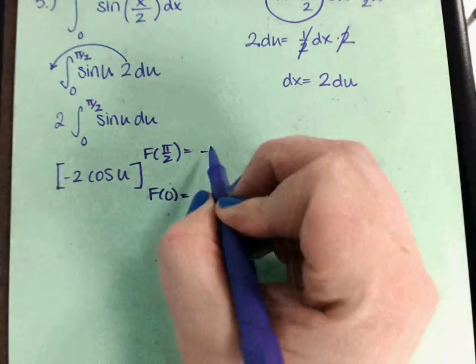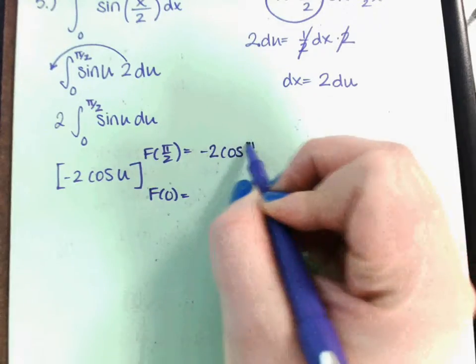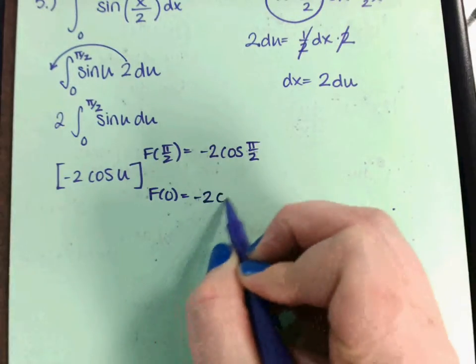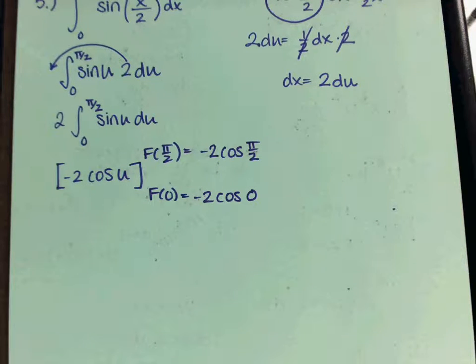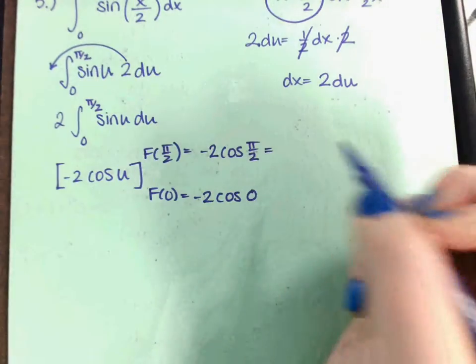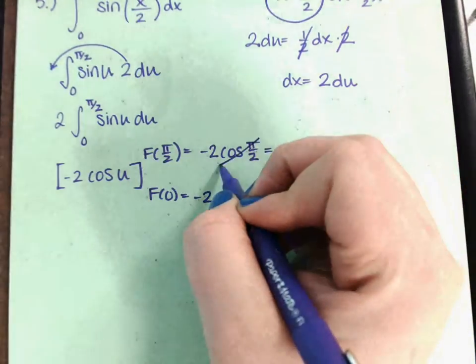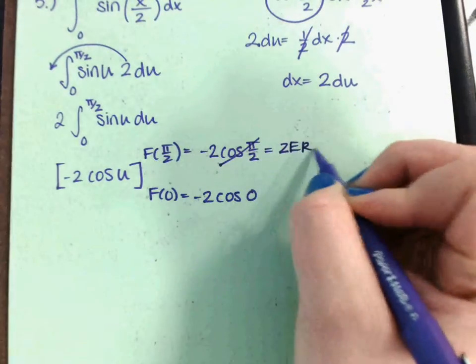So then I'd have negative 2 cosine pi halves, and then negative 2 cosine 0. Cosine pi halves, that's your thumb. Cosine's on top, nobody's on top, so it's how many? This is 0, which means the whole thing is 0.